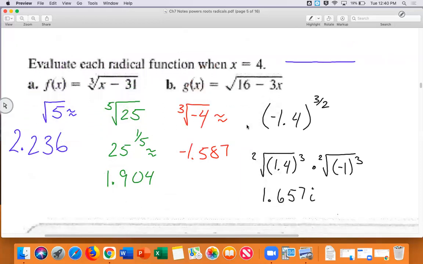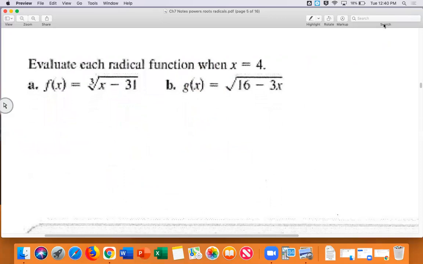Let's talk about evaluating. Jay Patel, what does evaluate mean? Simplify. Simplify. Okay, so I'm going to simplify these expressions for when x is 4. So I'm going to take 4 and I'm going to plug it in, and we're going to see what I got.